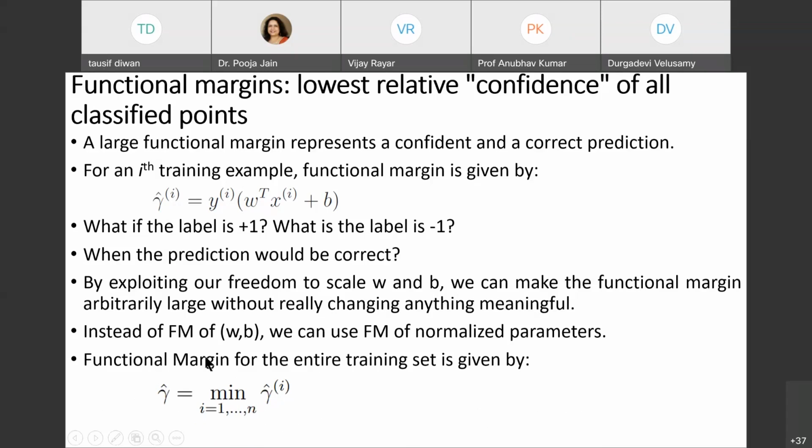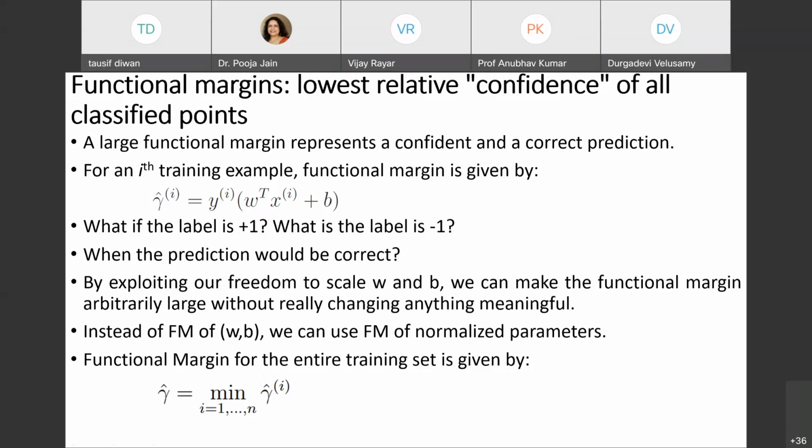Fine. This gamma cap of i corresponds to the functional margin for the ith sample. This gamma cap is the functional margin for the entire training set. One more thing I should clarify here: the functional margin can be increased or decreased. Suppose the functional margin is increased, then we are not changing anything in that particular classification model.